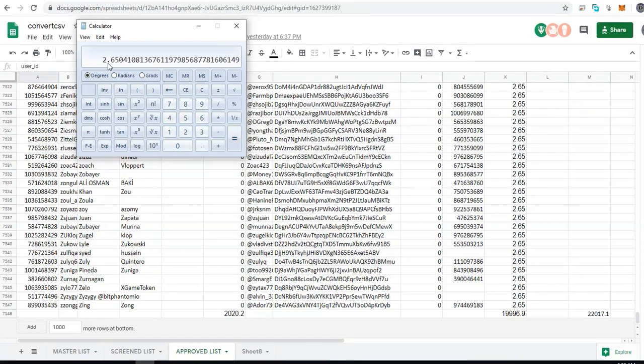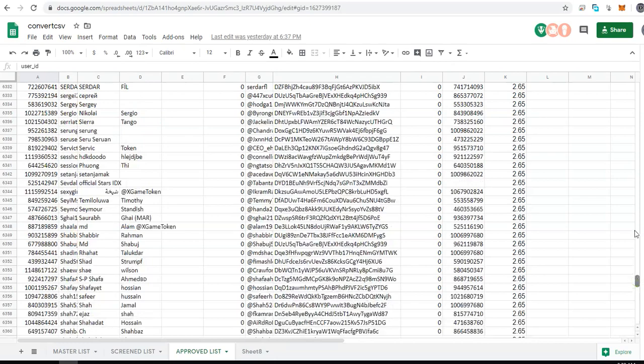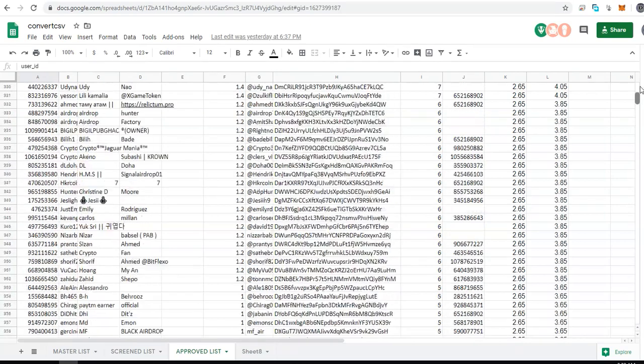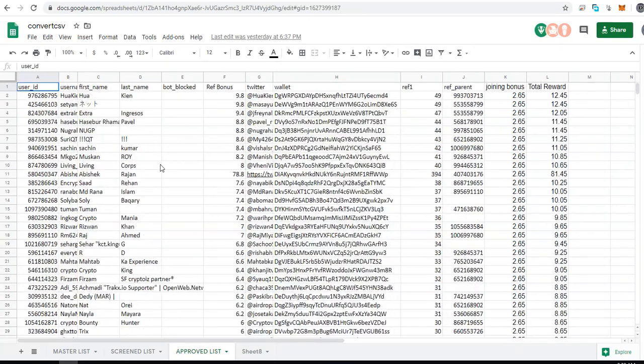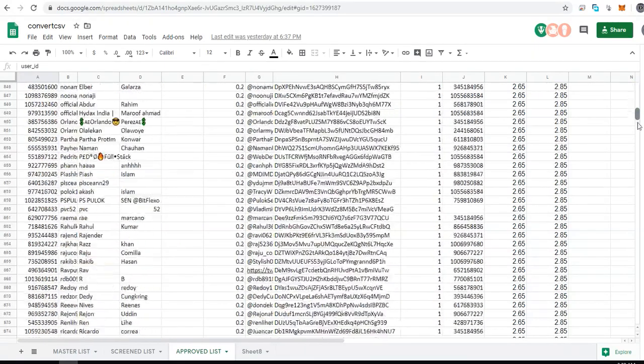And that is how we arrived at 2.65 per person. You see? Now when you check the list, you see for joining, everybody that qualified, that's name is on this list, got 2.65. As you can see, here it is. We did everything to be very transparent.